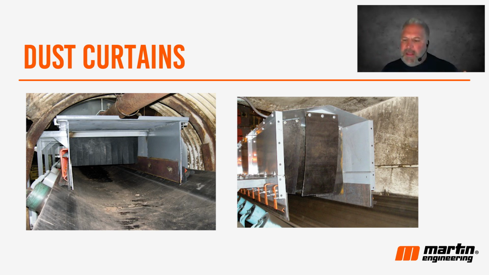What happens is air exits this enclosure. That air accompanies the material, and the intent of a dust curtain is to simply try to blockade the air as it exits that enclosure. It's pretty crude, it's pretty simple, but it's also pretty effective, and that's why a lot of people use it.